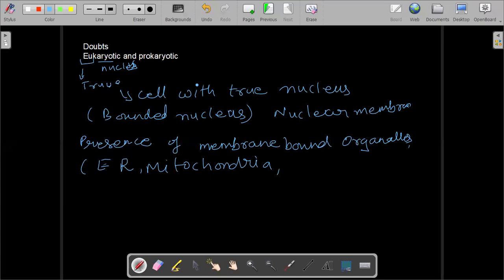All of them are found in these. They also have DNA as the genetic material.